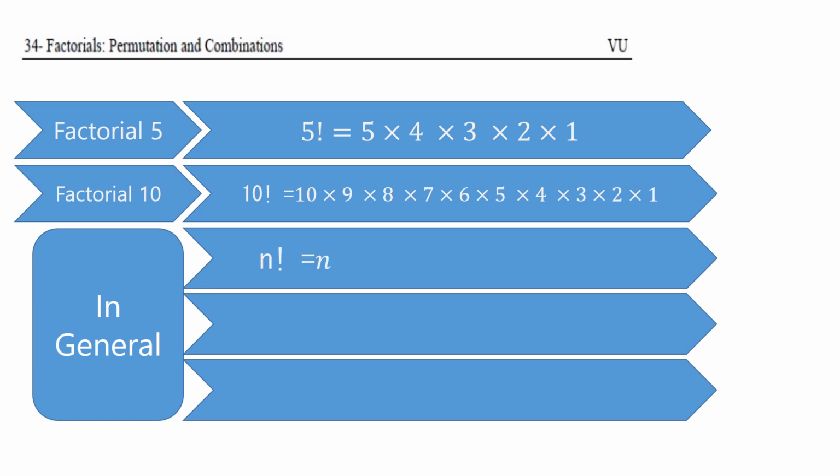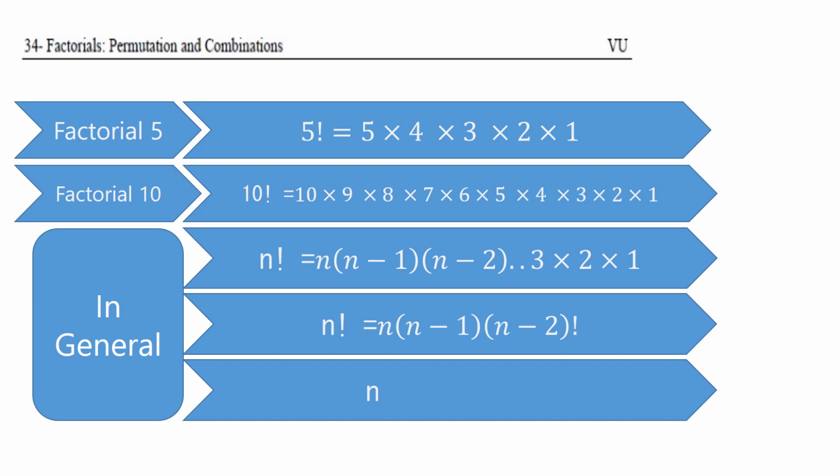Factorial of n is equal to n into n minus 1 into n minus 2 into n minus 3, up to 3 multiply 2 multiply 1, or factorial of n is equal to n into n minus 1 into n minus 2 factorial, or factorial of n is equal to n into n minus 1 factorial.